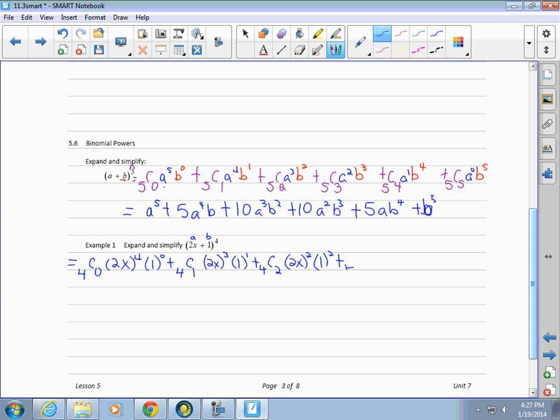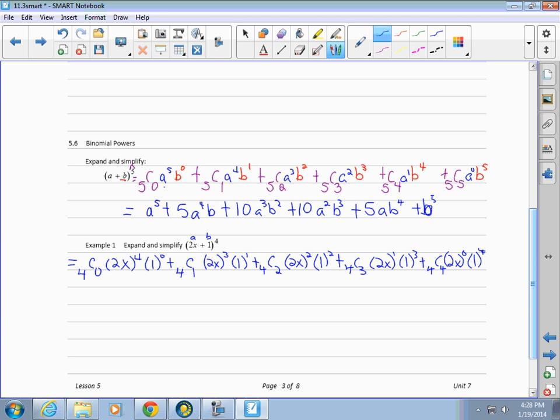Plus 4 choose 3, 2x to the power of 1, 1 cubed, plus 4 choose 4, 2x to the power of 0, 1 to the power of 4.